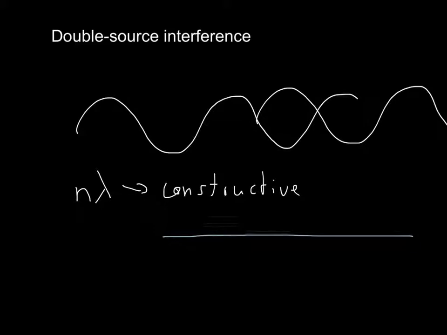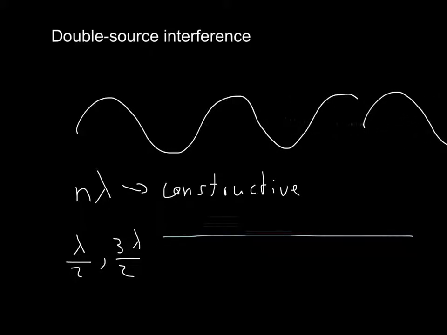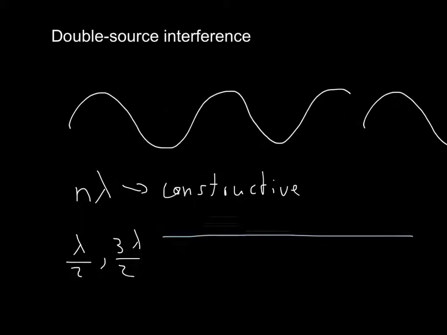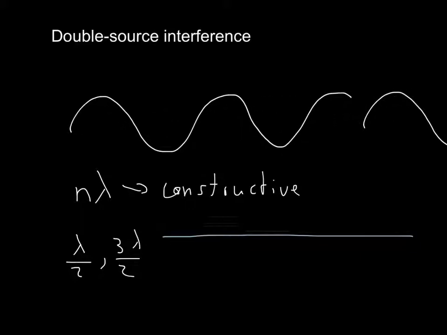So I have destructive interference for half a wavelength, for 3/2 of a wavelength, and I can just keep moving this, and in this case it will be 2.5, so I will have 5/2 of a wavelength. So hopefully you start to see a pattern here, right?